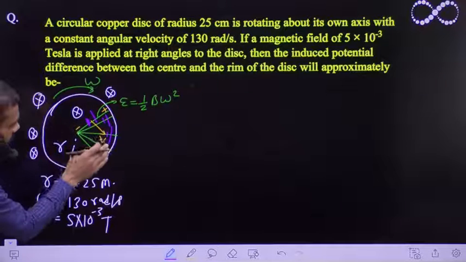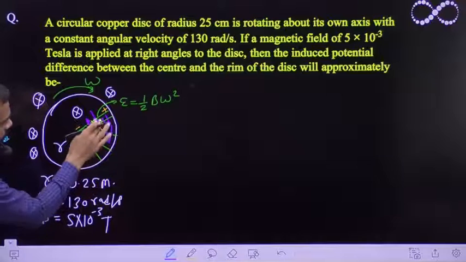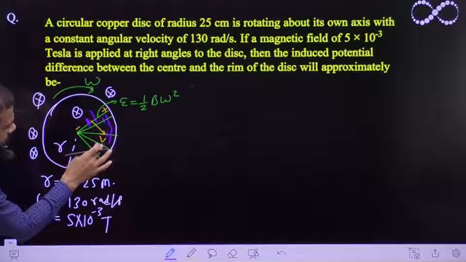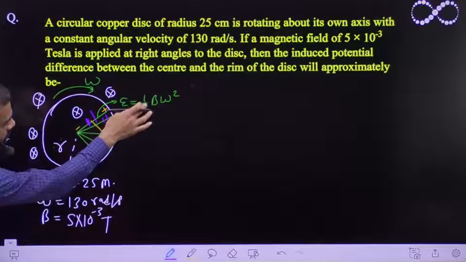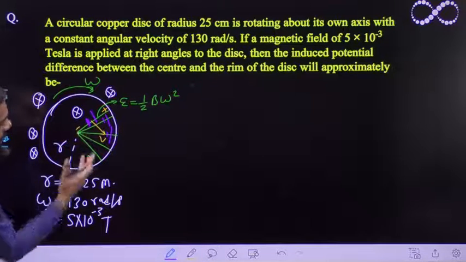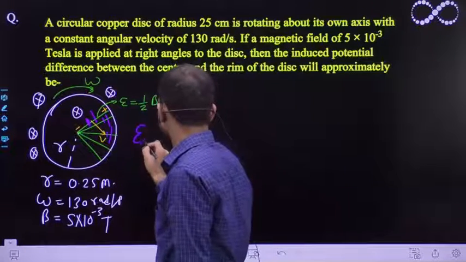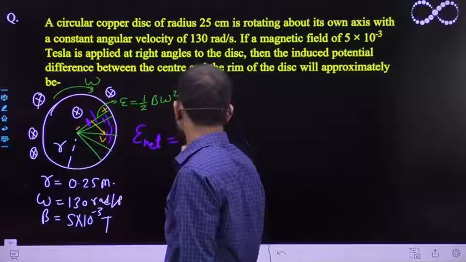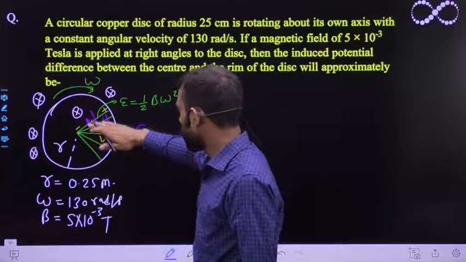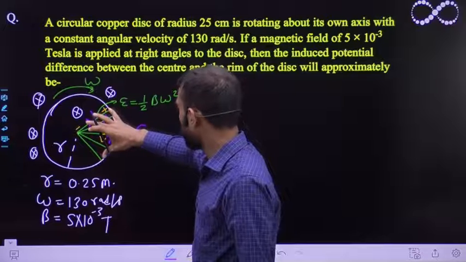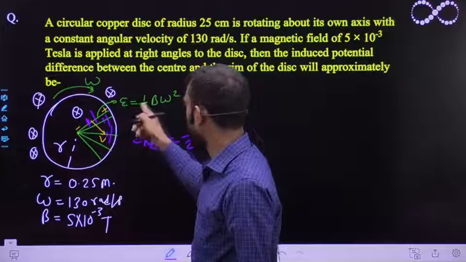So there are infinite rods, each behaving like a cell with this EMF, and all these infinite cells are connected in parallel and completely identical, because all the cells have the same EMF.